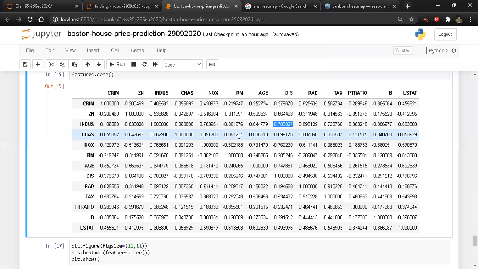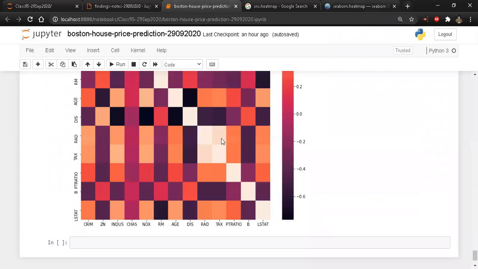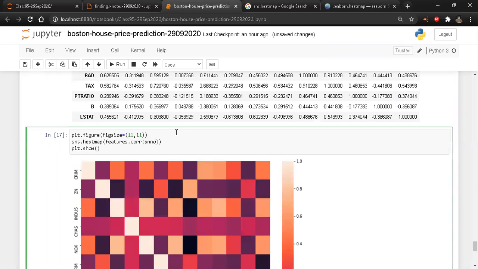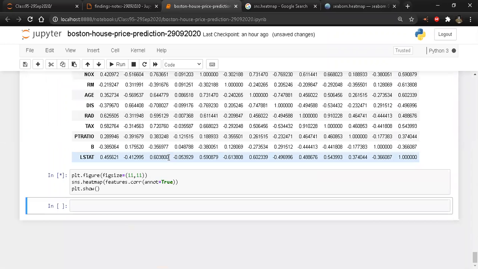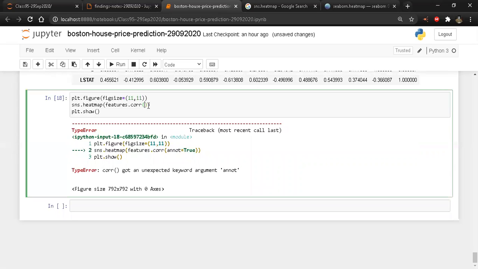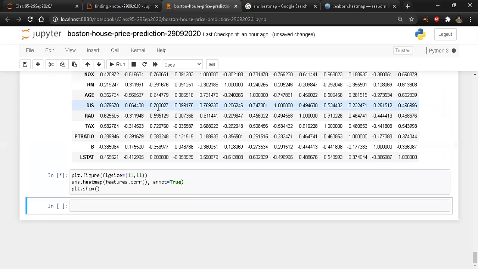What is VIF? Variance inflation factor. Yes, that's one way. We can look at the features which are causing inflation in variance amongst others, and we can get rid of them. Yeah, that's one way. Any other methods?